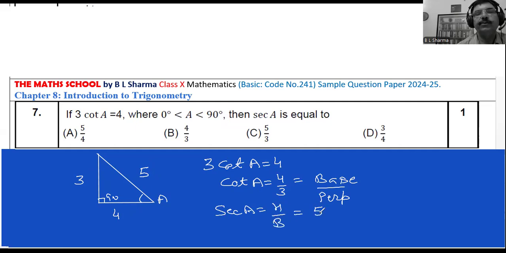So that is 5 by 4. I think this is clear to you. Therefore, A is the correct option.